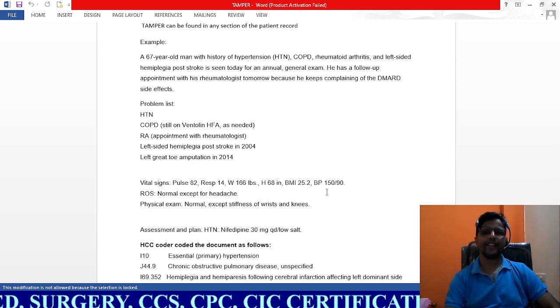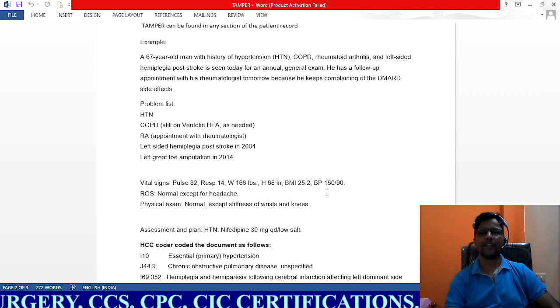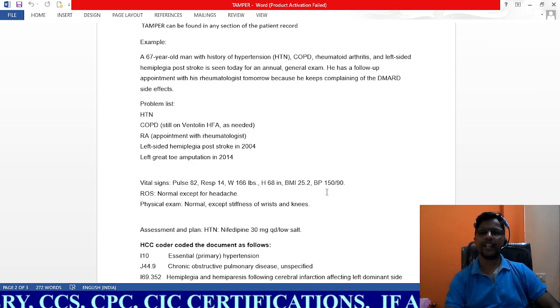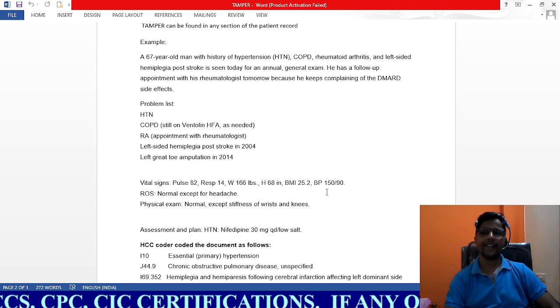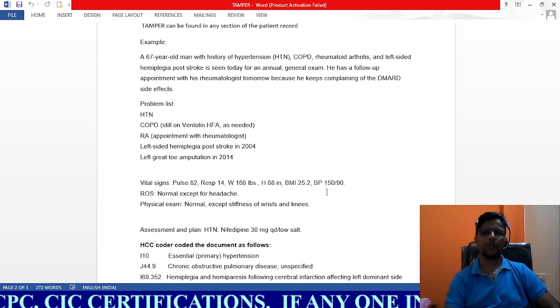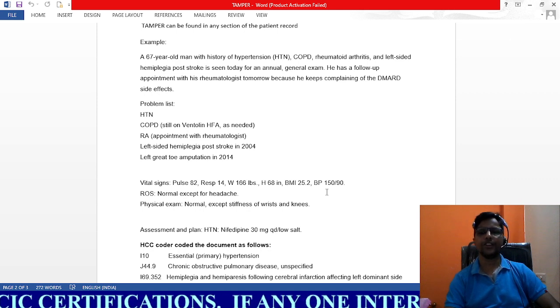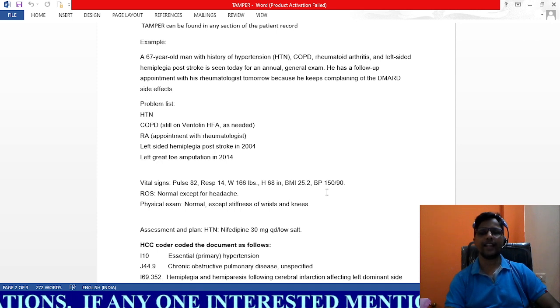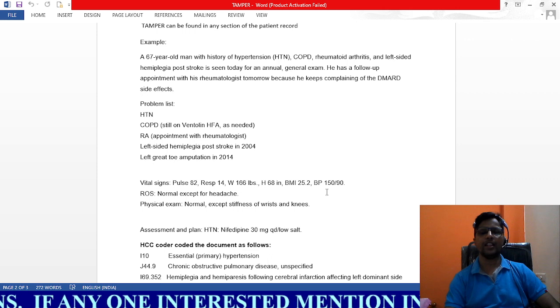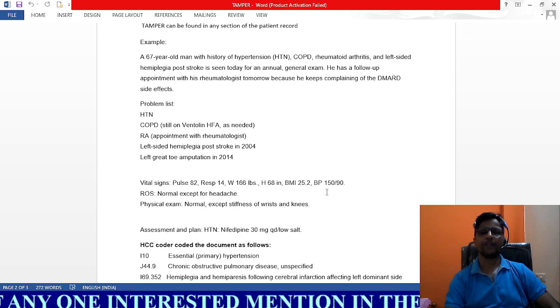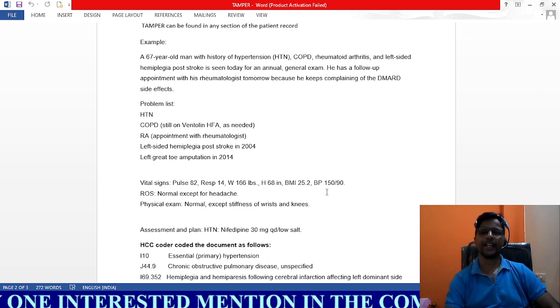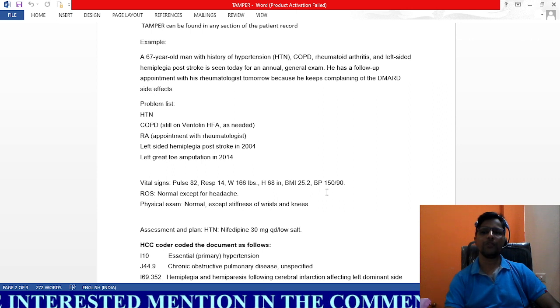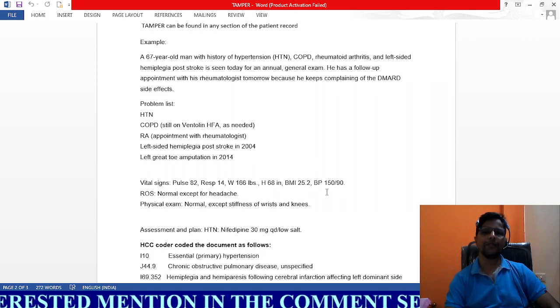A 67-year-old man with history of hypertension, COPD, rheumatoid arthritis, and left-sided hemiplegia post-stroke is seen today for annual general exam. So basically the patient came in for annual general exam and also has chronic conditions like hypertension, COPD, rheumatoid arthritis, and left-sided hemiplegia post stroke.